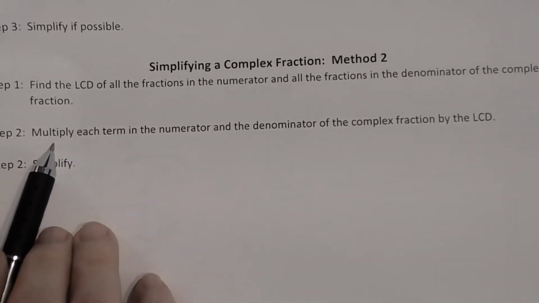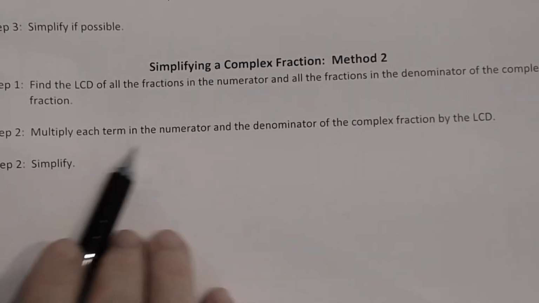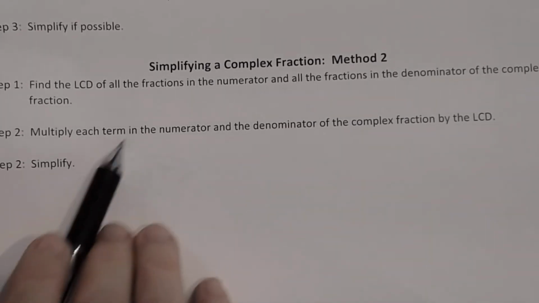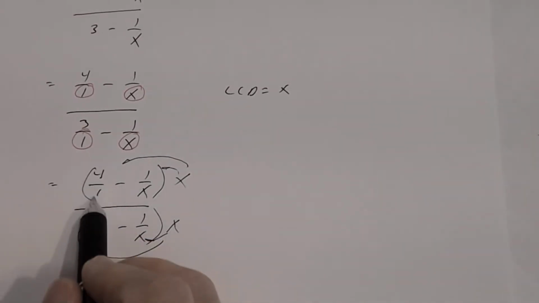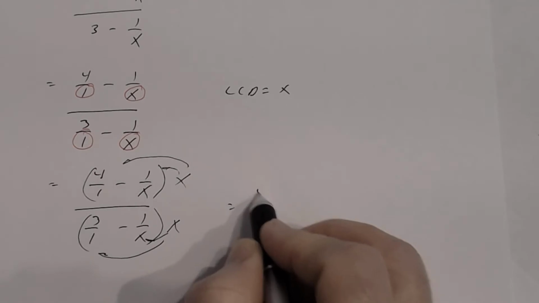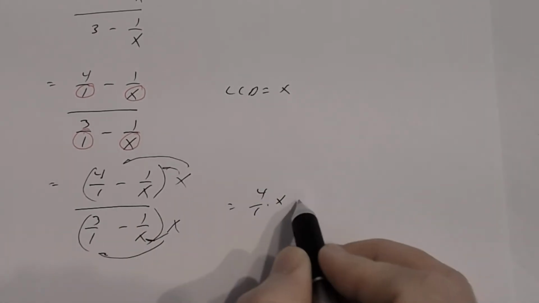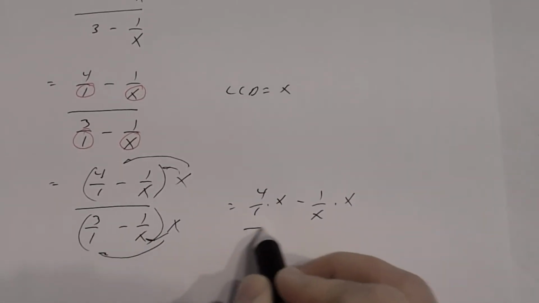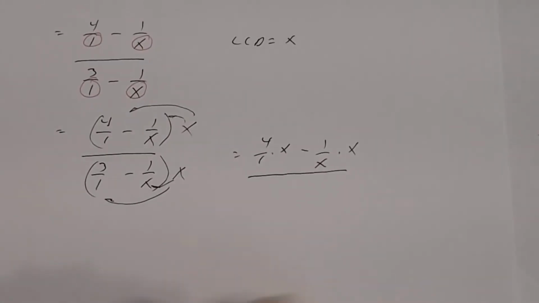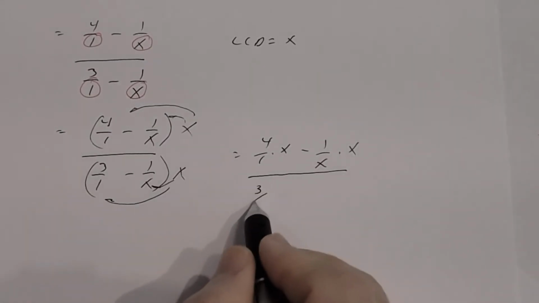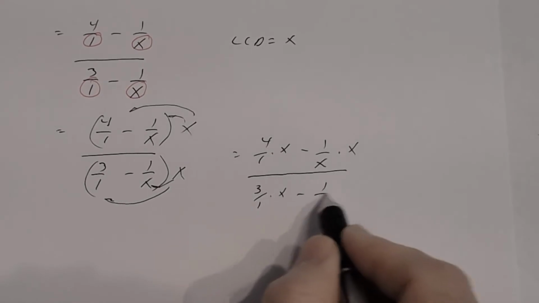So step 2 says you multiply each term in the numerator, each term in the denominator, so each fraction, so to speak, by the LCD. So in other words, you're going to say this term or this fraction by x times x minus 1 over x times x divided by, and then do the same thing with the denominator. 3 over 1 times x minus 1 over x times x.